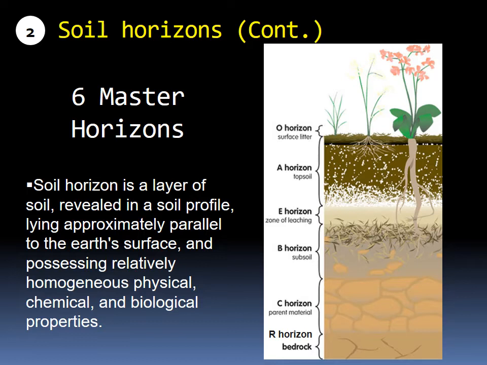Each layer now, to distinguish them, we give them a name, we give them a letter, and those we call horizons. And each one of them is given a letter, as you would see. You have the O horizon, which describes the organic material layer, and then you have the A horizon, which is basically called the topsoil and describes the mixing between organic and inorganic material.